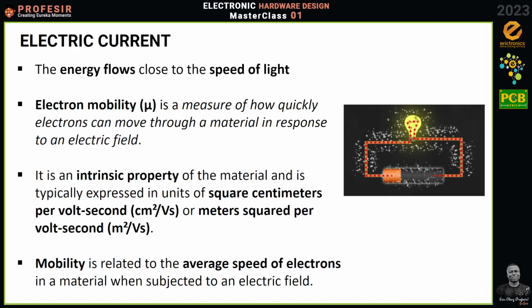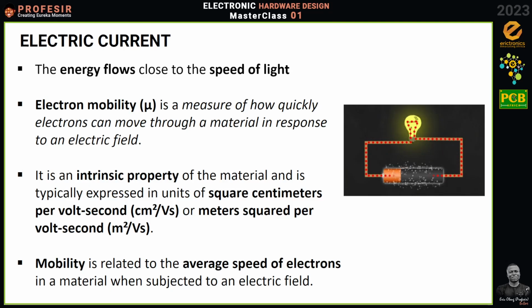Electron mobility is a measure of how quickly electrons can move through a particular material when an electric field is applied.